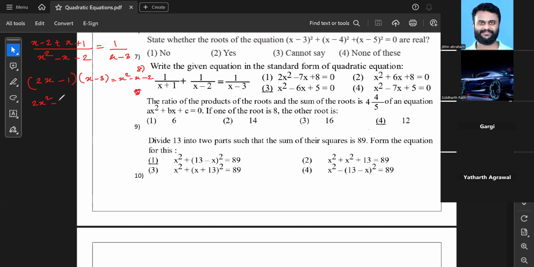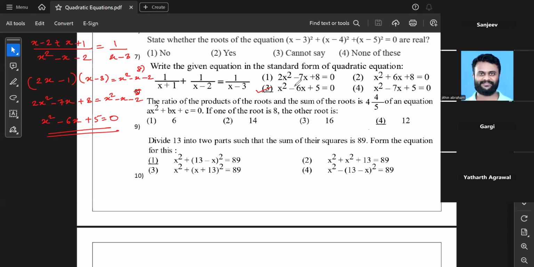Then minus x, that gives you minus 7x. Then I have minus minus plus 3 is equal to x square minus x minus 2. When I take x square this side, 2x square minus x square gives me x square. Minus 7x plus 6 plus x gives me minus 6x. Plus 3 plus 2 gives you plus 5 equal to 0. So this is my standard equation: x square minus 6x plus 5.